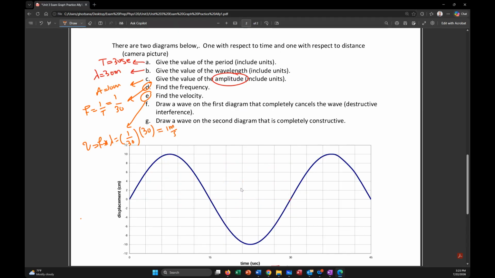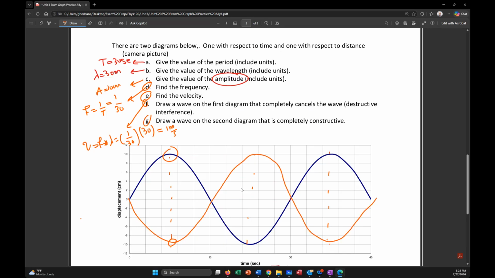If I want to draw, it should be something like this. Good. When you add these, positive amplitude and negative amplitude cancel each other.